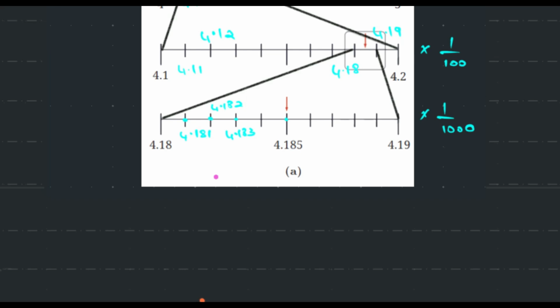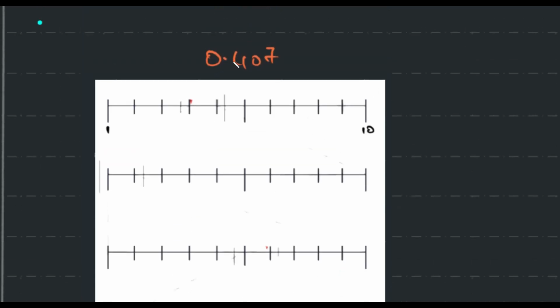So first we'll start off with your integer numbers. So we have 1 to 10. So we have 0.407. So it's between 0 to 10, by the way. And this is 1, 2. So it's between what two? Yes, it's between 0 and 1.